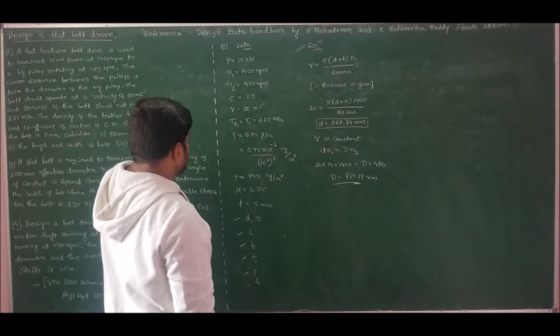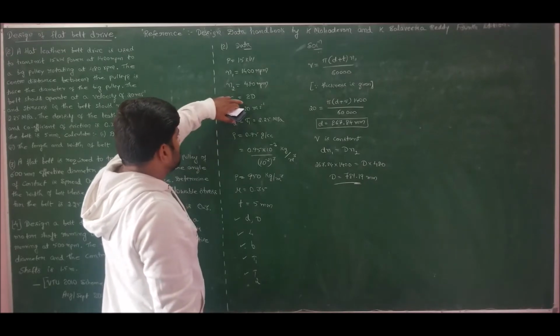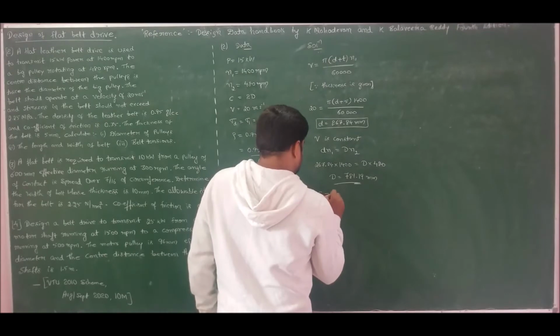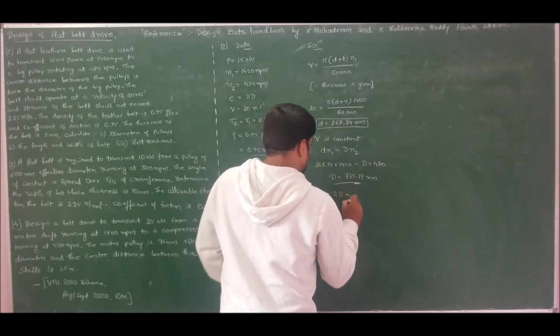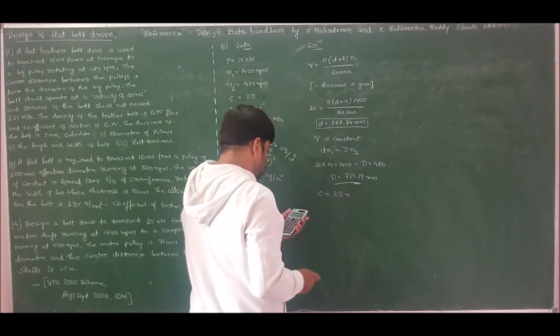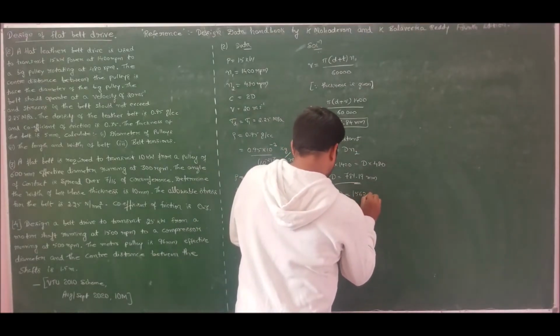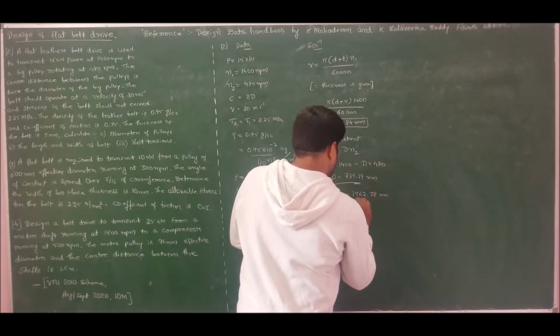Now he himself is stating that the center distance is 2 times the diameter of the larger pulley. So the center distance will become 2 times the diameter of the larger pulley, which is nothing but 1562.38 millimeters.